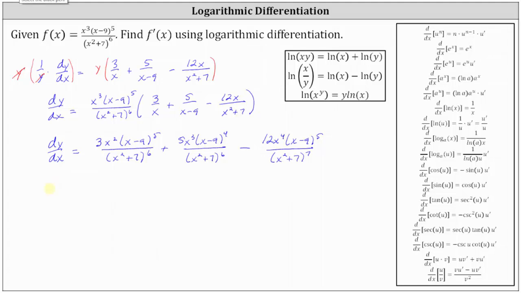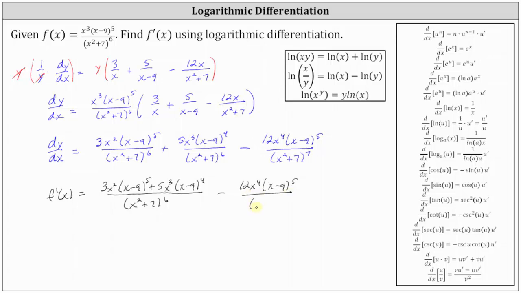We have dy dx, or we'll call it f prime of x now, because that's what the question asked for, equal to, combining the first two fractions, the denominator is the sixth power of x squared plus 7, and the numerator is 3x squared times the fifth power of x minus 9 plus 5x cubed times the fourth power of x minus 9, and then we have minus 12x to the fourth times the quantity x minus 9 to the fifth, all divided by the seventh power of x squared plus 7. And we'll go ahead and leave the derivative function in this form here.